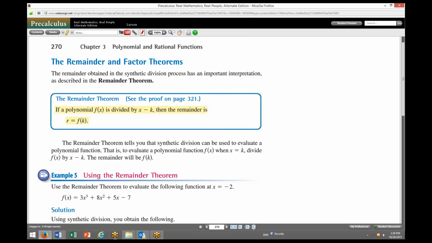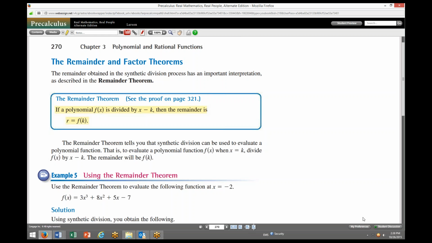So if you took f of k, the number being subtracted from x, then f of k is going to give you the same number as dividing the polynomial by x minus k. So the remainder and f of k are the same.